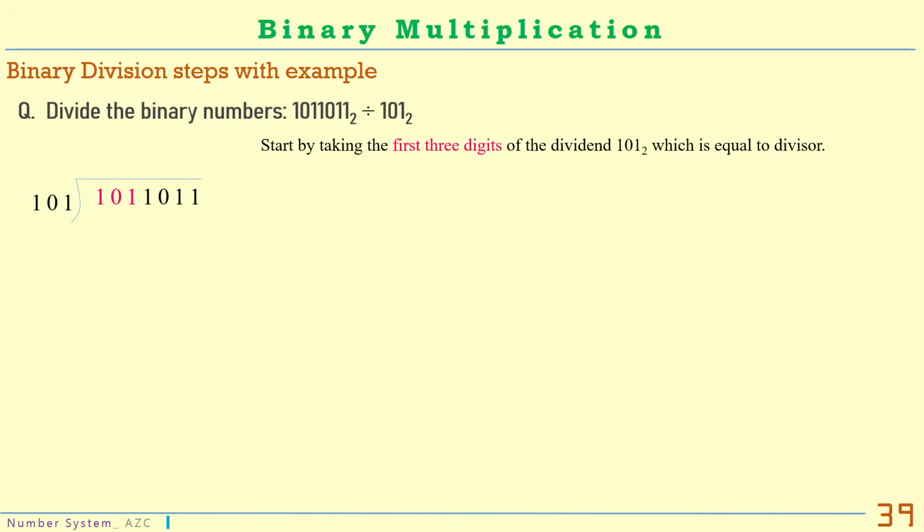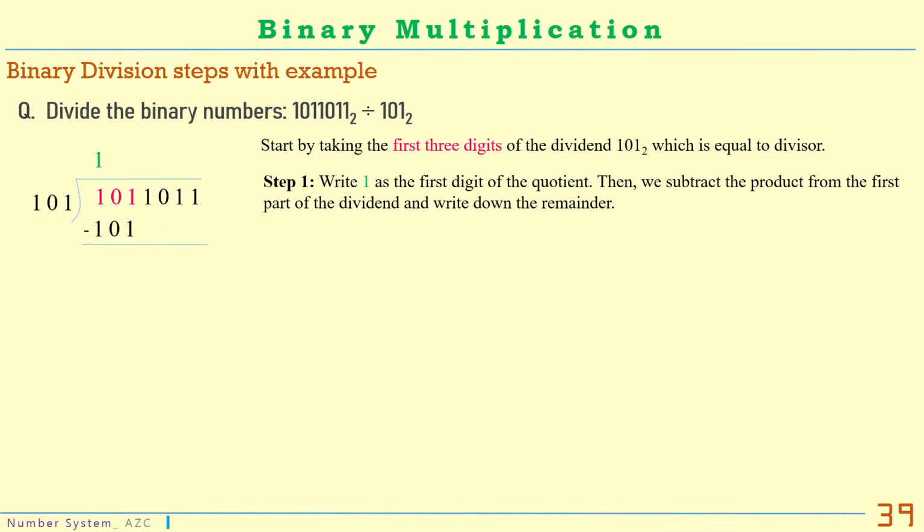Start by taking the first three digits of the dividend, 101, which is equal to divisor. Step 1. Write 1 as the first digit of the quotient.